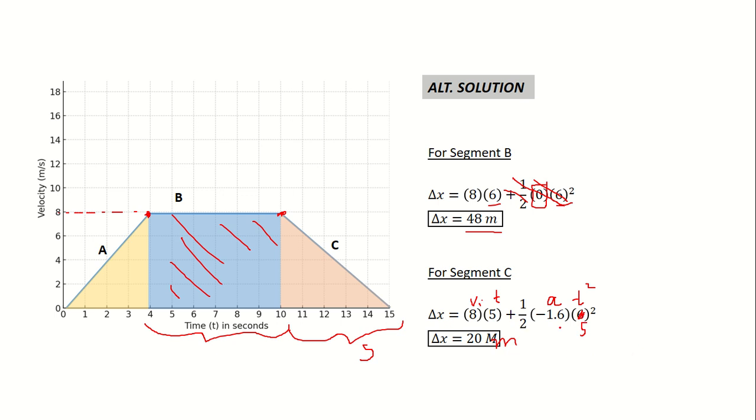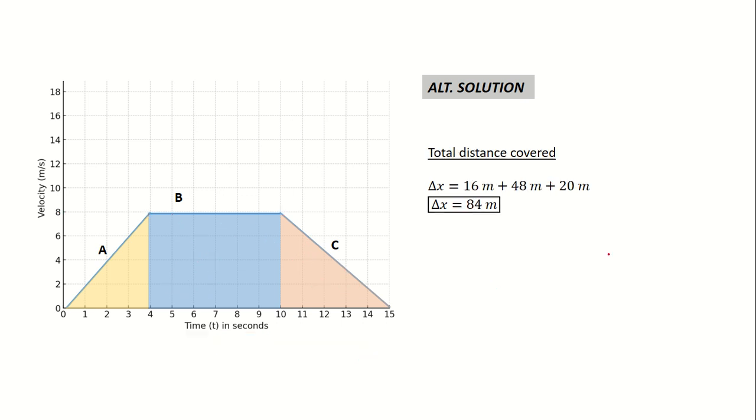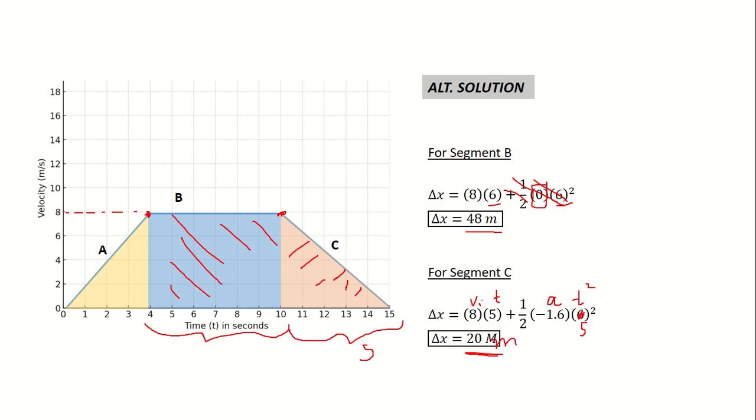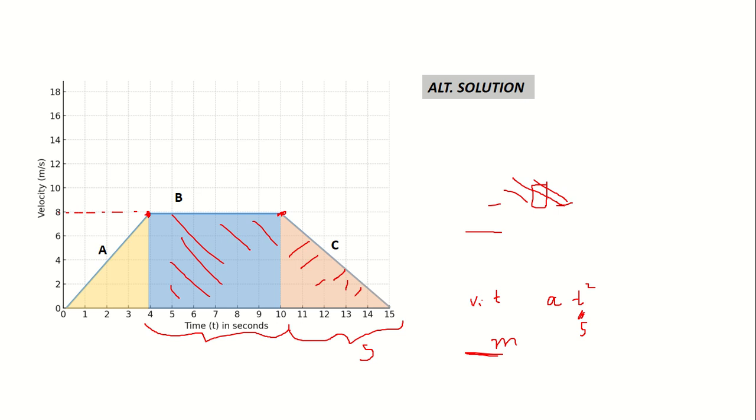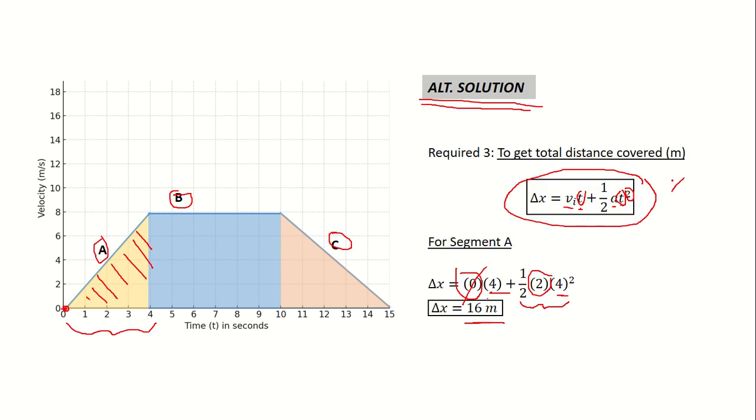But what you would get is 20 meters, the same as the area that we calculated here. Of course, take the sum to get the total distance covered. And the answer is the same, 84 meters. So you can use this formula in the examination.